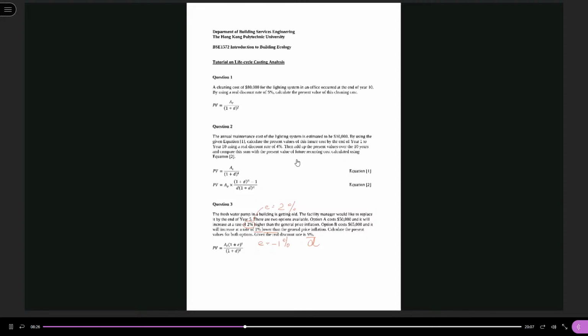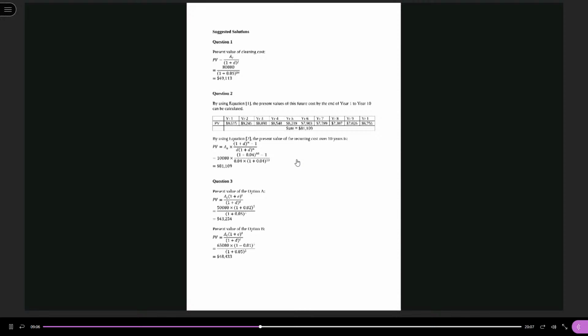Okay, so 50,000 is AT for option A, and 65,000 is also AT for option B. And we have D, the real discount rate, and E, the rate of escalation. If the rate of escalation is higher than the general inflation, then it is a positive value. If the rate is lower than the general price inflation, then it is a negative value. So once again, we put them into the equation.